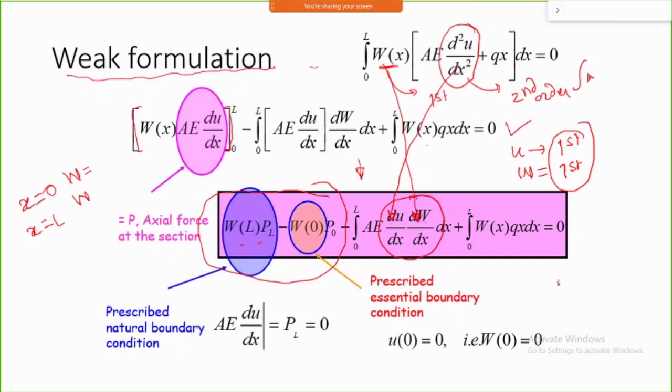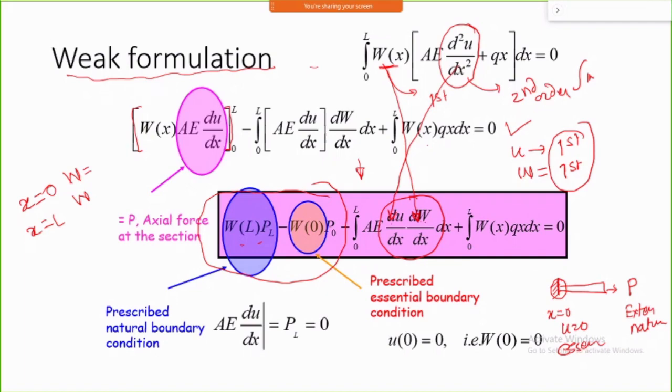Essential means, if I am taking a bar and applying a load, it is geometrical: this part should be 0. At x equal to 0, my u is 0. Natural boundary condition means I am going to apply an external force, which is also taken care of. This is an essential, and this is a natural boundary condition. Both will be directly applicable in the function, and we need not worry about it. That is the advantage we get. That's the reason weak formulation is most important in most cases.